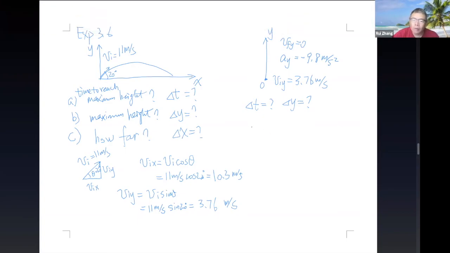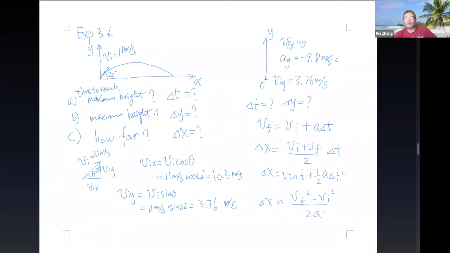So remember the formulas we had before were like this: VF equals VI plus A times delta T, and then delta X equals (VI plus VF) divided by 2 times delta T, and then delta X equals VI delta T plus 1/2 A delta T squared, and then finally delta X equals (VF squared minus VI squared) divided by 2A. Okay, so we got these 4 formulas to use, right?